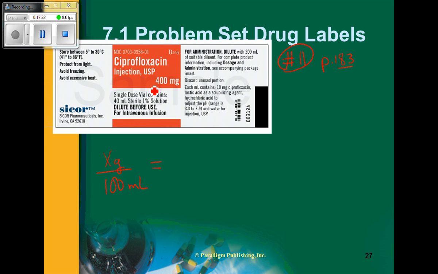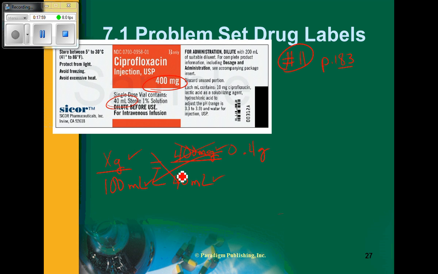So you look at your label and you have 400 milligrams in 40 milliliters. The milliliters match, good. Grams and milligrams do not match, so you have to convert to match. So 400 milligrams is equal to 0.4 grams.